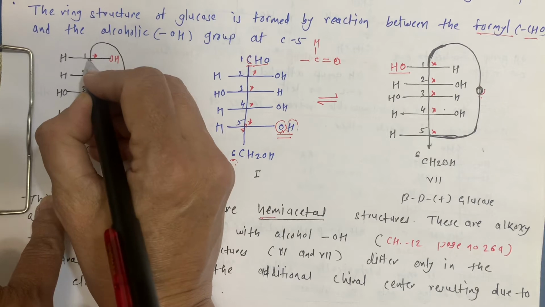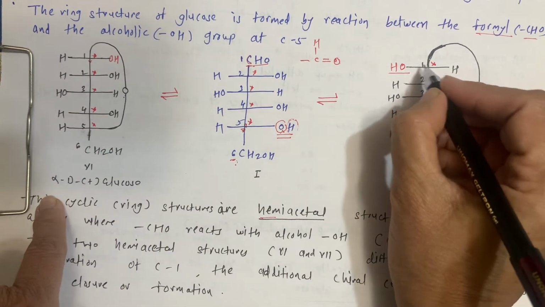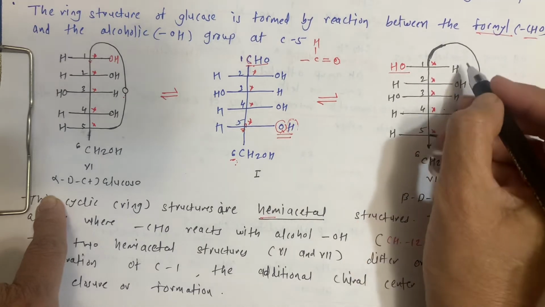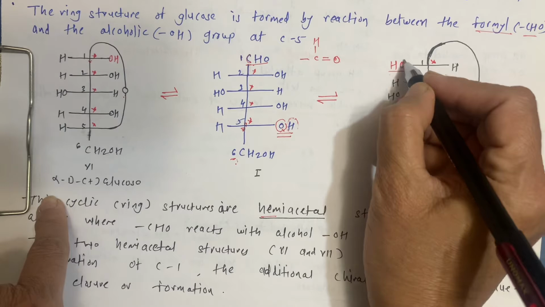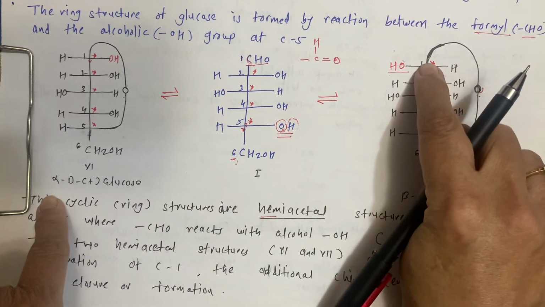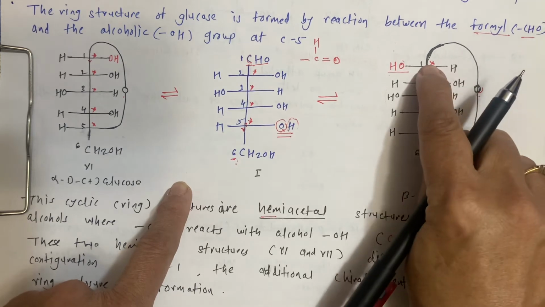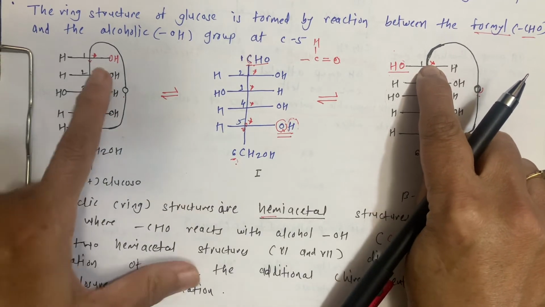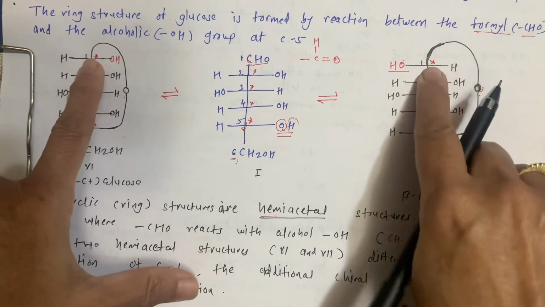Now it becomes a chiral carbon. This is A, this is B, this remaining one is C, and this one is D. So this aldehyde carbon has now become a chiral carbon. Now, focus on this chiral carbon. What is the difference?